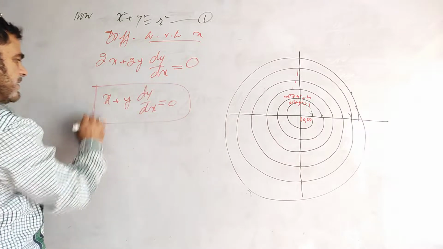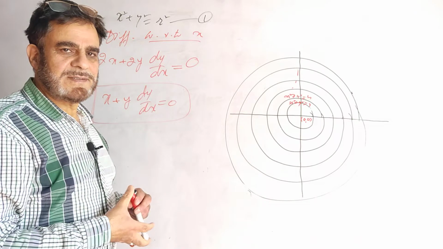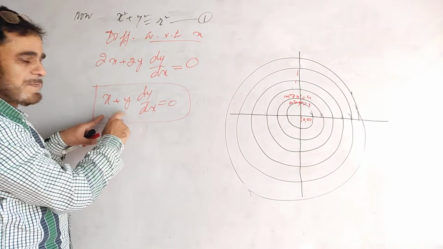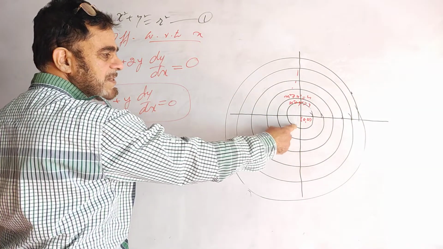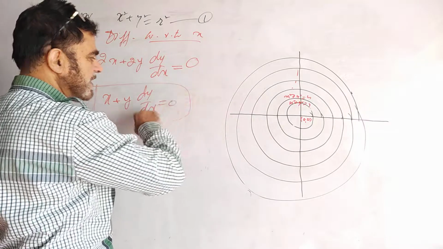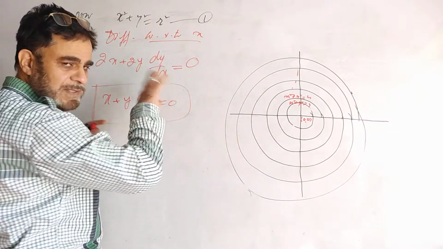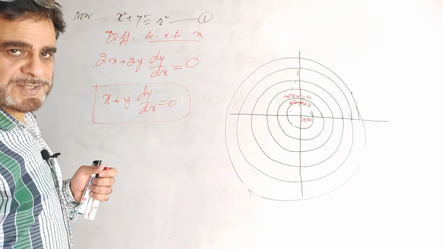Now what is this? This is an equation which does not involve r, and this will be the equation which is satisfied by each of these circles. How? You will come to know later on.